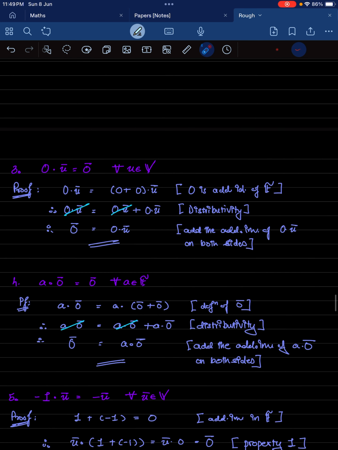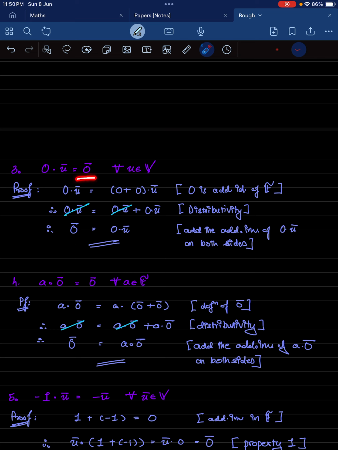Okay, now the third and fourth properties, they are also pretty simple to prove. Again, the logic follows from the proof that we did in fields only. It's not that big of a rocket science. So look at this. The scalar 0 times any vector u happens to be the 0 vector. So 0 times u can be written as 0 plus 0 times u. The 0 can be decomposed into 0 and 0.